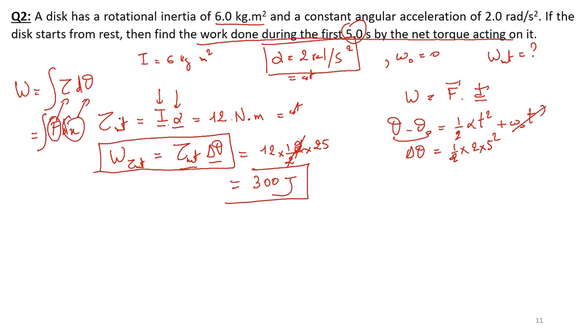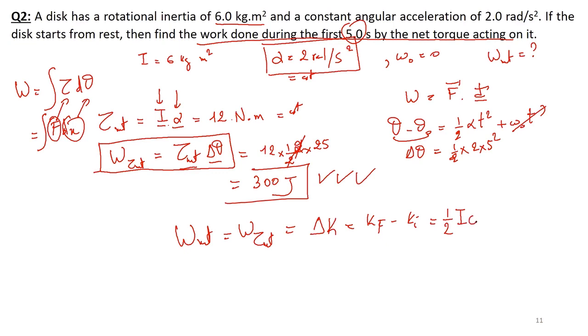Now there is another way to calculate this net work. So the net work is 300 joules. Another way to calculate the net work is the work-kinetic energy theorem. The work of the net torque is equal to the change in kinetic energy, kinetic energy final minus kinetic energy initial. But we are in rotation, so kinetic energy final is half moment of inertia omega final square minus half moment of inertia omega initial square.